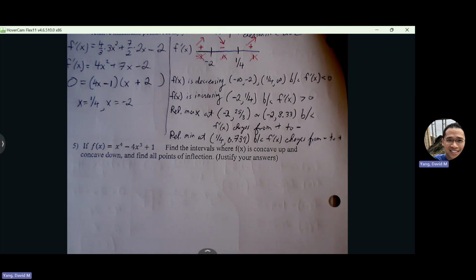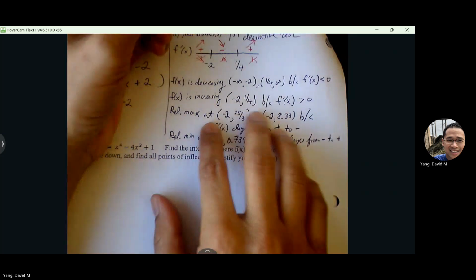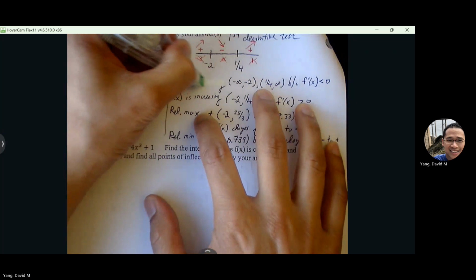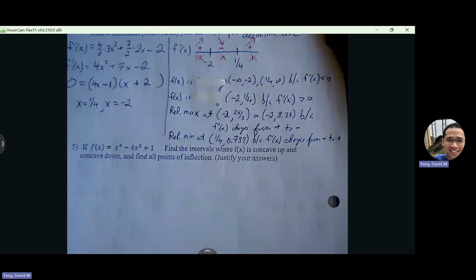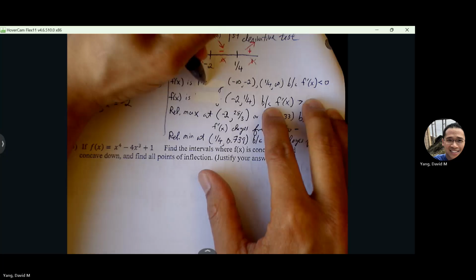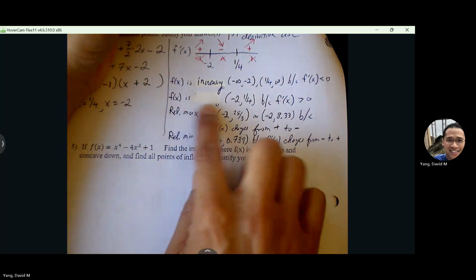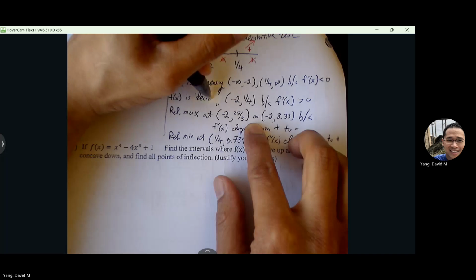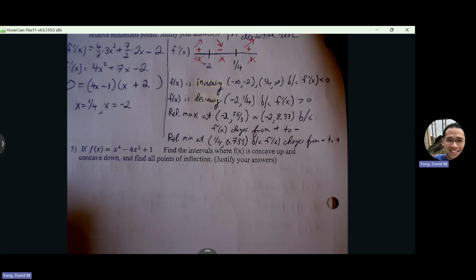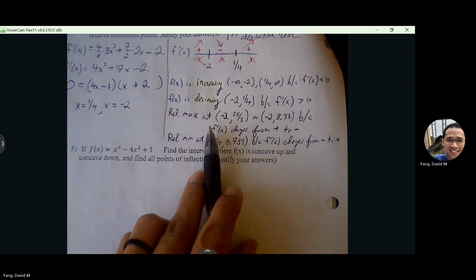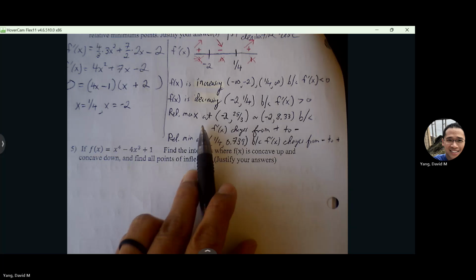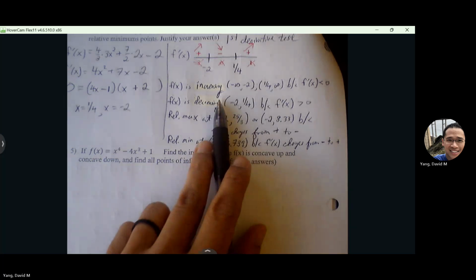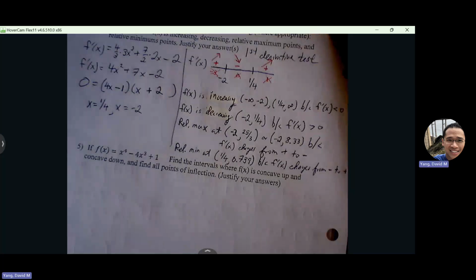Yeah, we change that. Increasing is greater than 0. Fix.